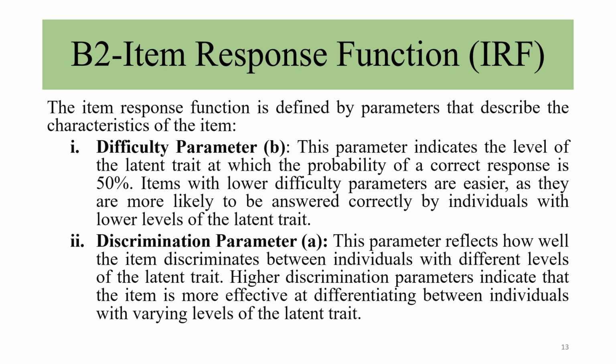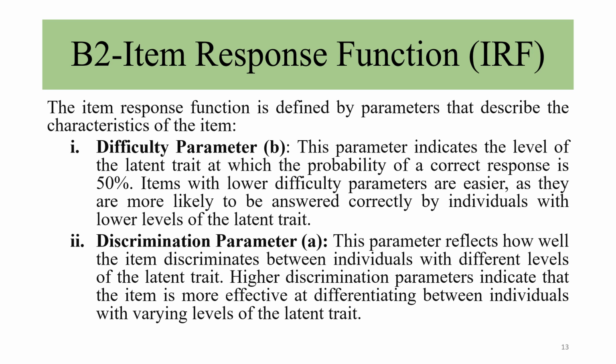Where 50% of respondents respond to the item correctly, that is actually the difficulty level of that item, as 100% of people cannot respond correctly due to different factors. So items with lower difficulty parameters are easier, as they are more likely to be answered correctly by individuals with lower levels of latent trait.